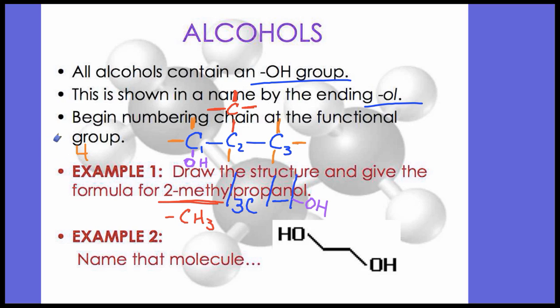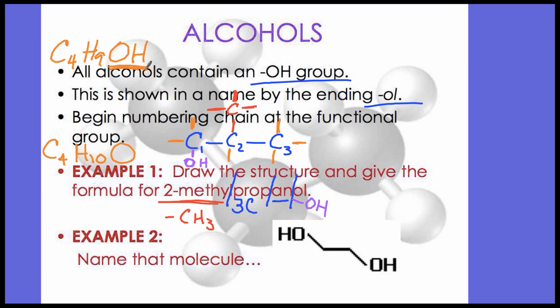Oh, I'm looking at the wrong thing. No, it's C4. C4, H... 1, 2, 3, 4... H10 with an O. Or if you wanted to write it, C4H9 with an OH, sometimes it's written that way at the end because the OH group is just kept separate. You can write it either way.